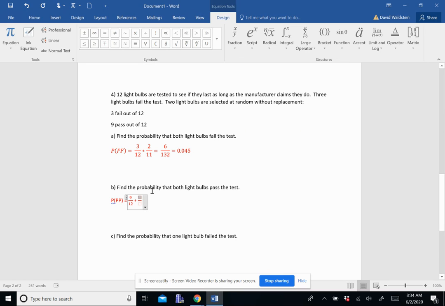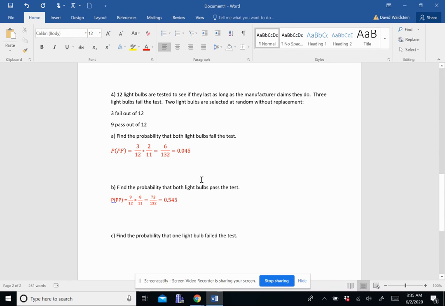Now there's only 8 passing light bulbs left out of 11 total light bulbs left. That's 72 out of 132, which is 0.545.